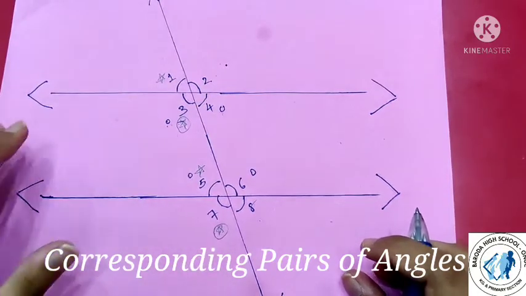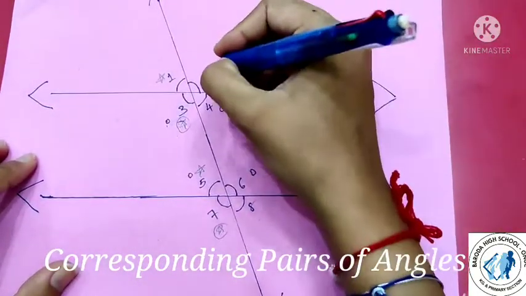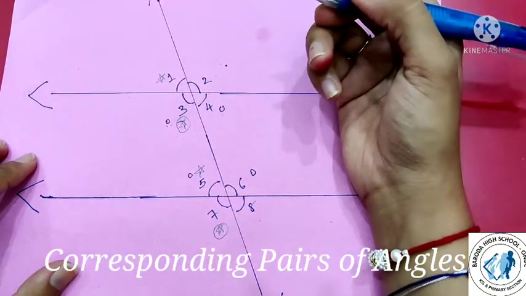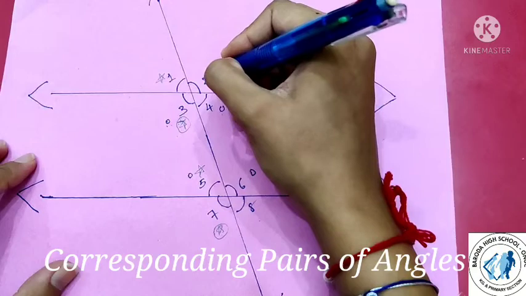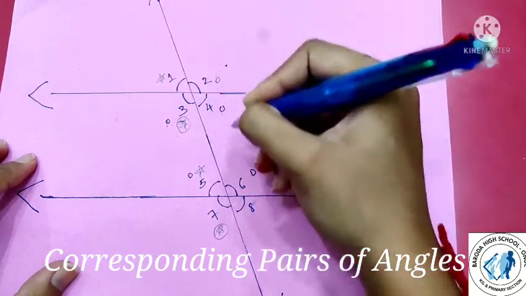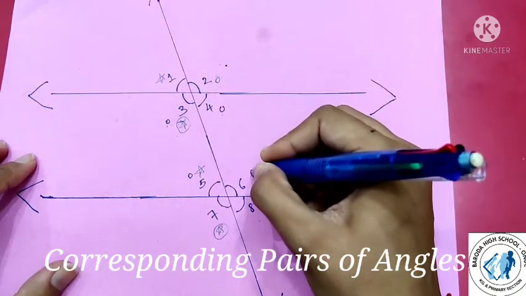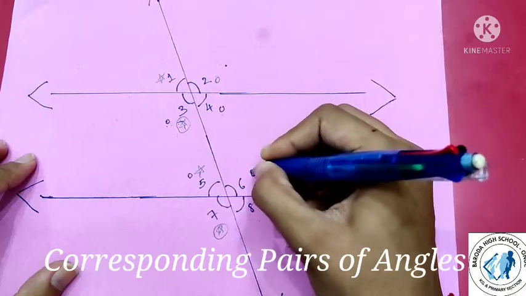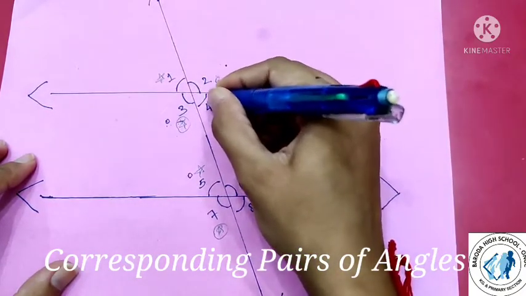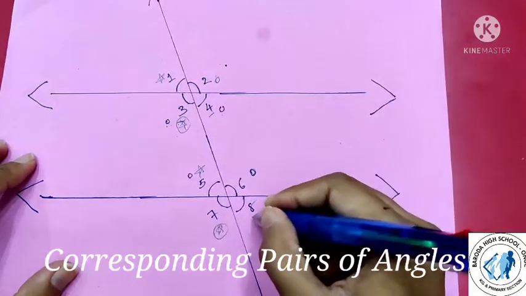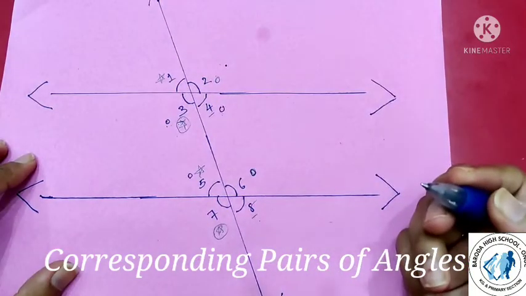Fine. Same way on the other side, can you guide me which two angles will be corresponding angles? Yes, here angle 2 and angle 6 will be my corresponding angles, okay? Same way angle 4 and angle 8 will be corresponding angles.